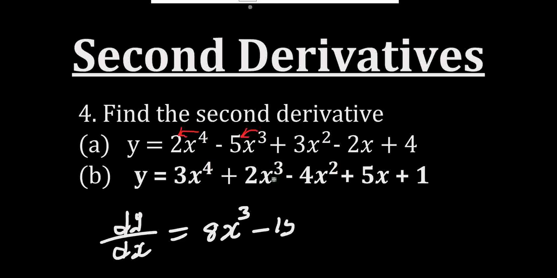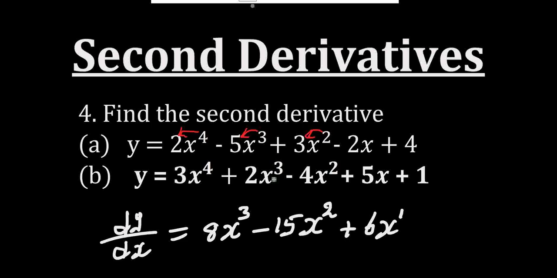So we have 15x, reduce 3 by 1, and that gives you 2, plus use this 2 to multiply 3, that gives you 6. Reduce 2 by 1, you have x to the power of 1.